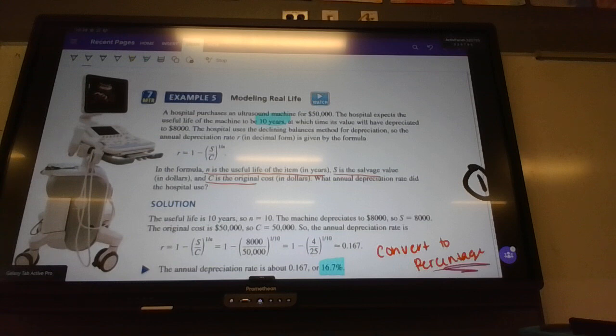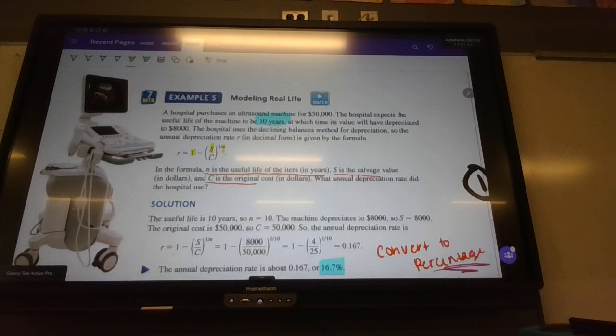So the annual depreciation rate in decimal form is this formula. N is the useful life. So that's the denominator. S is the salvage value. That would be the 8,000 that it's worth after 10 years. And C is the original cost. So it's 1 minus because it's like 100 minus the amount it goes down.